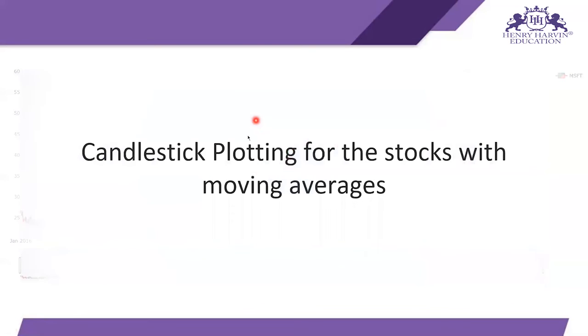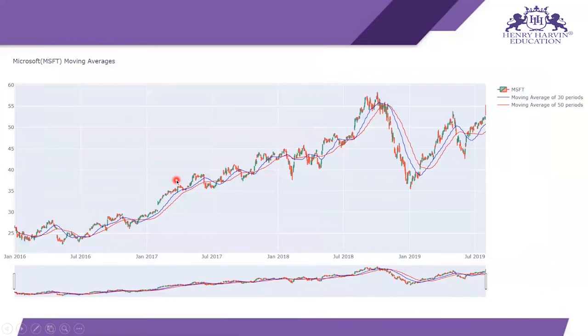And next is candlestick plotting for the stocks with moving averages. In this candlestick plot, we also add the moving averages, and we see the plot now. Here these are the moving averages. Moving averages consist of a sliding window.